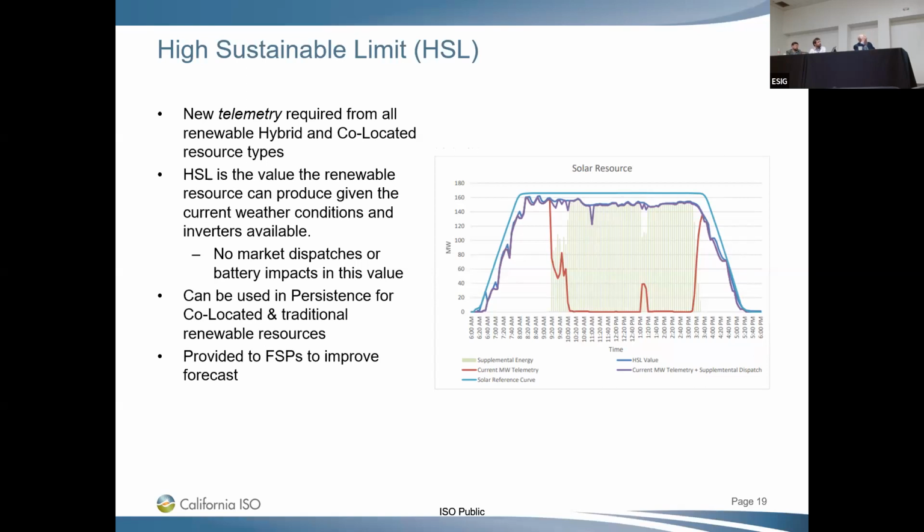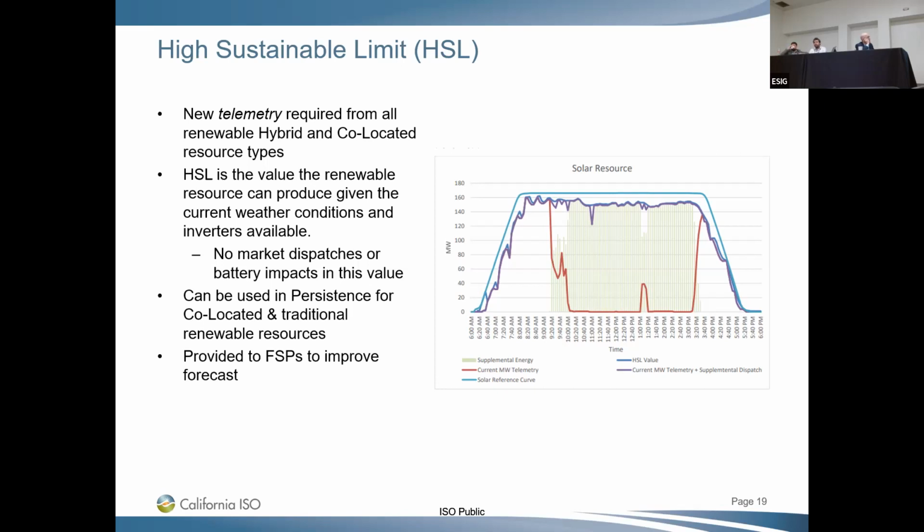And so we're really trying to eliminate the market actual impact and then increase the data sample that the vendors have to do training off of. As well, the big thing is the California ISO, and I think I've done this in other presentations, has a persistent model that's in-house for our renewable resources. And that persistent model can be used on HSL and it can stop us from flipping back and forth.